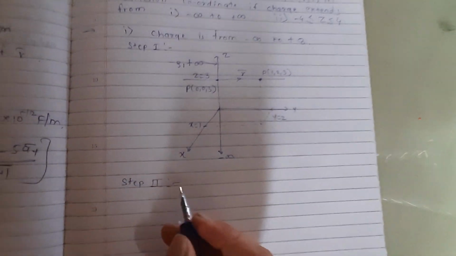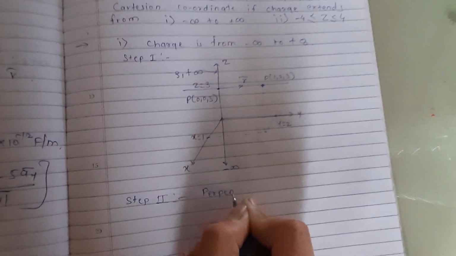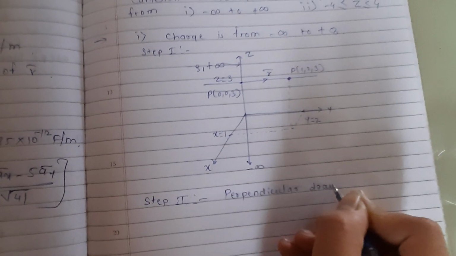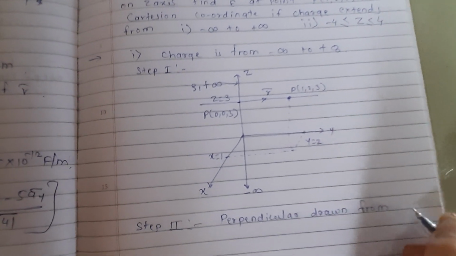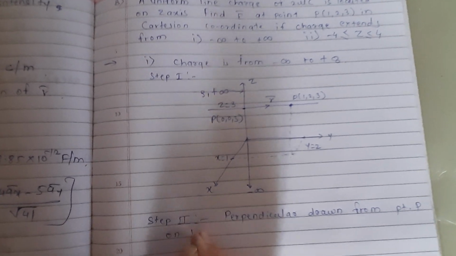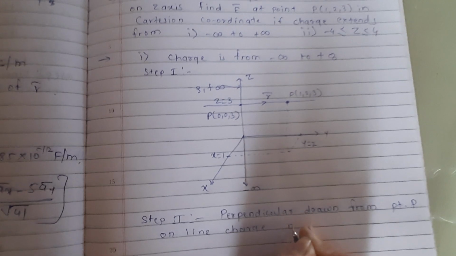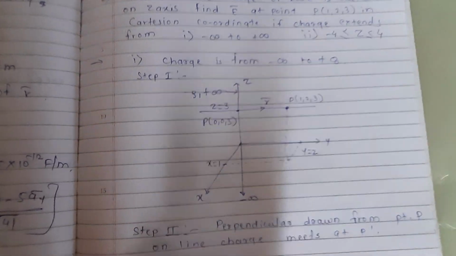Step 2: a perpendicular is drawn from point P on the line charge and meets at P dash.